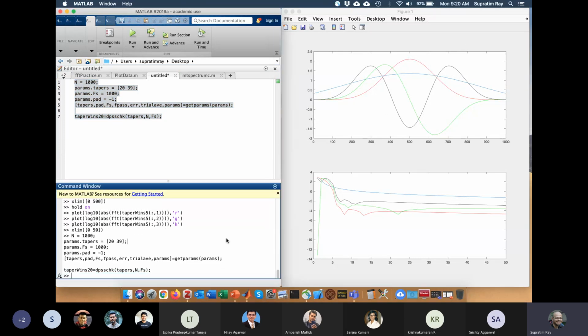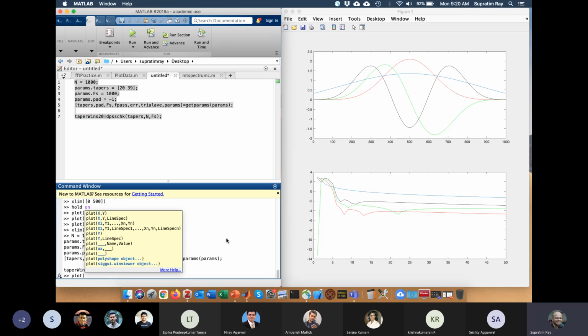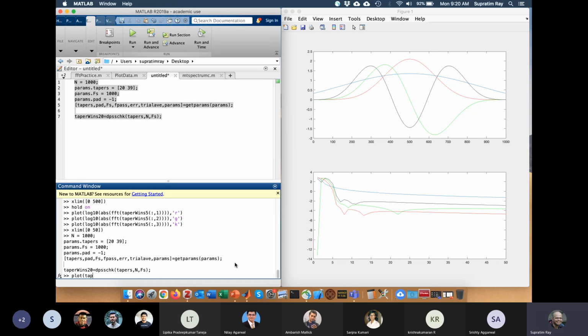I'll go up here and say plot taper wins 20, the first one, and let me plot it in cyan.